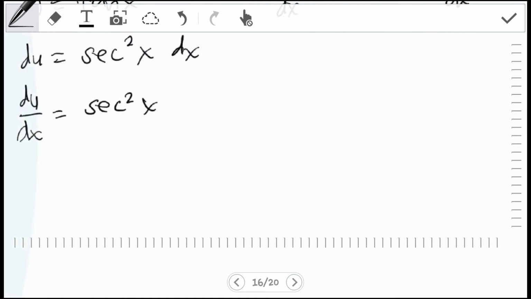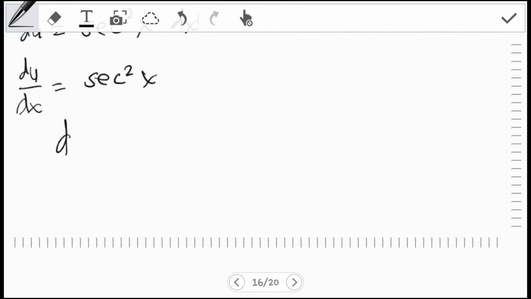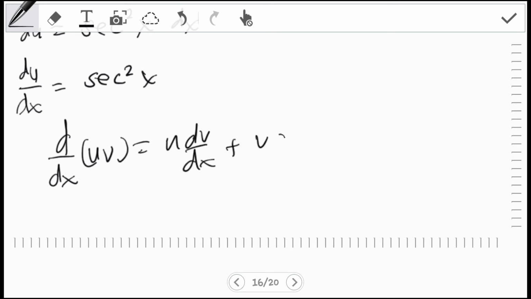Okay, so by applying this formula, which is the product rule, d over dx of uv is equal to u dv over dx plus v du over dx.